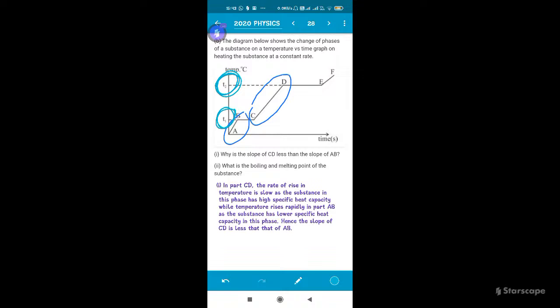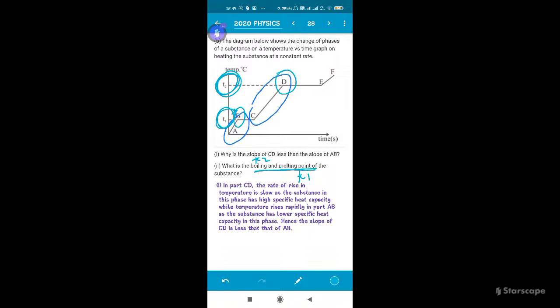So your melting point will be T1 and your boiling point will be T2. Don't write D and B, those are the points on the graph, but you have been asked about the boiling and the melting point. Hope this question is also clear to you. This is a very important question, and it can easily give you 3 marks.